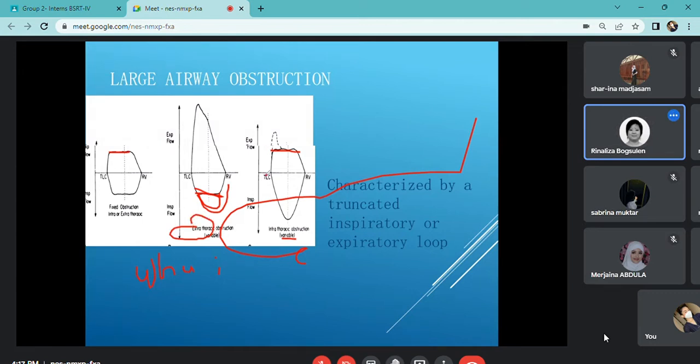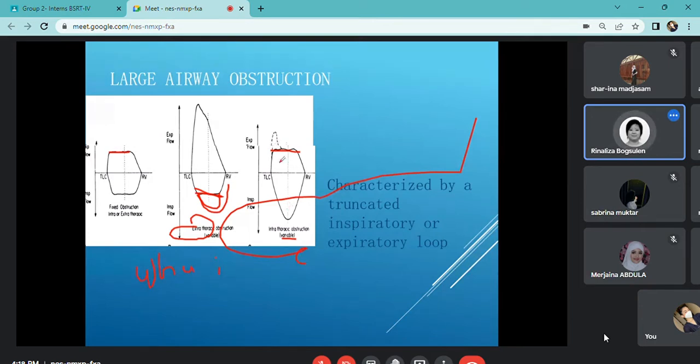Extrathoracic. Okay? Dito naman, what is out is in. What is missing here? Expiration, di ba? What is out? Kasi outside. Dito, expiration is in. Bakit?